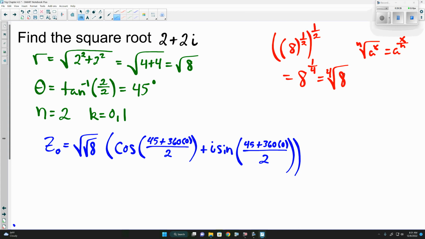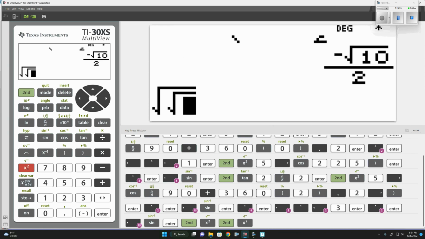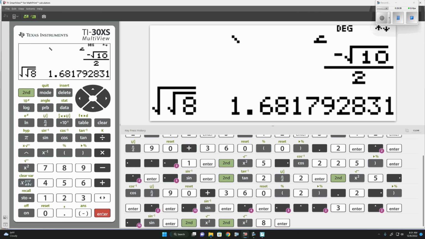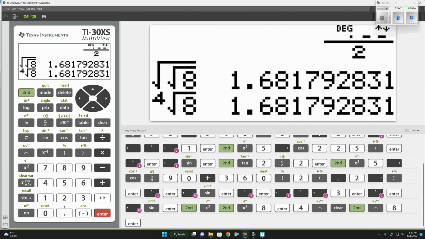And that seems really odd, but luckily we can say the square root of 8. We get this decimal. Then we go 2nd, 4th root of 8. And we can use the calculator to verify these are the same number.